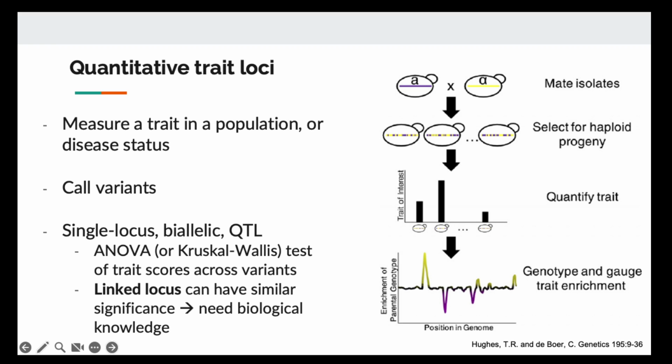And for each individual, if you sequence their DNA, you're going to know if a certain individual has allele capital A or small a, for example, if it's a biallelic system. So you're going to have data where one column says genotype, big A or small a.